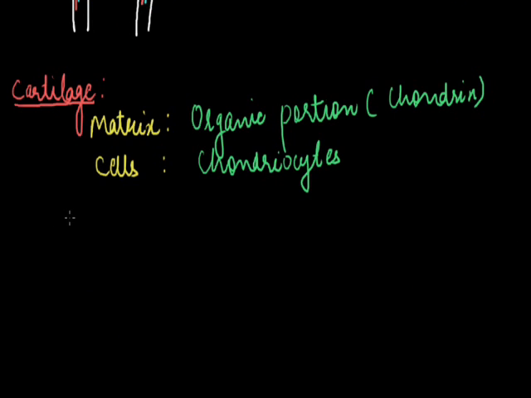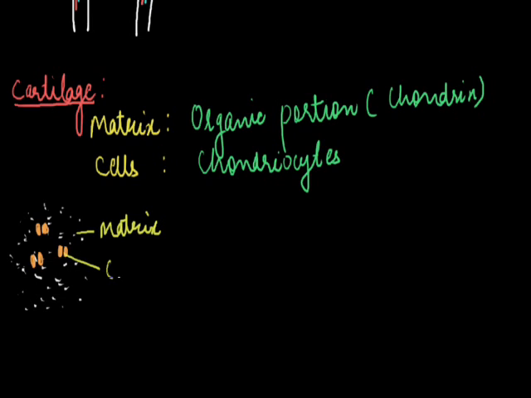If we study the TS of the cartilage, we will obtain the matrix, which is not present in the form of concentric layers, it is just scattered, and in between there are cartilaginous cells. So this is the matrix made up of chondrin protein, and these are the cells.